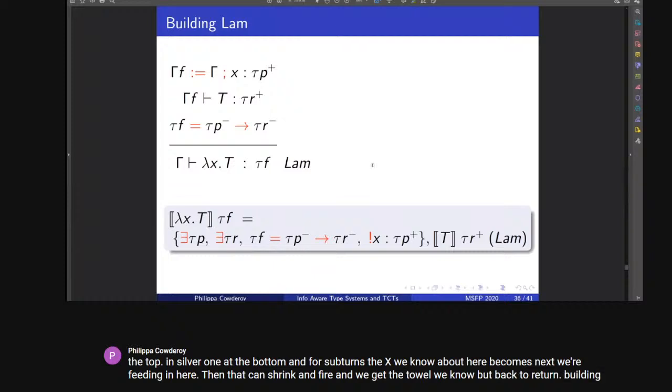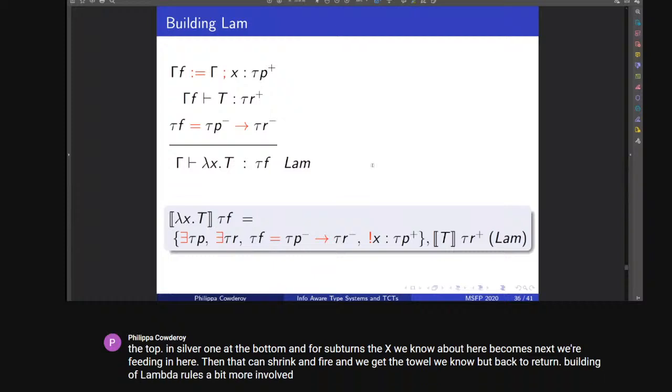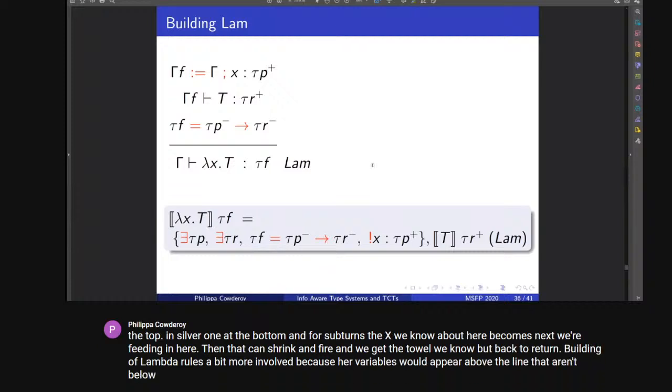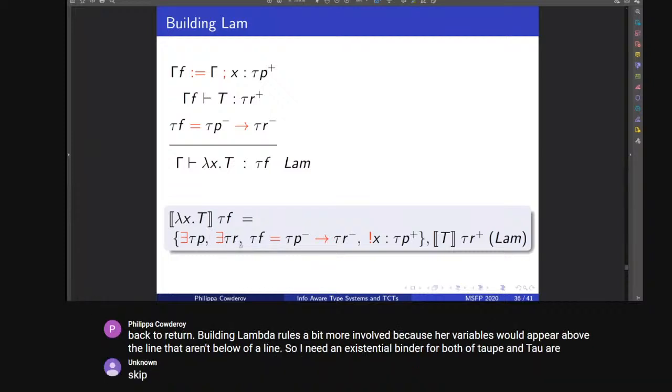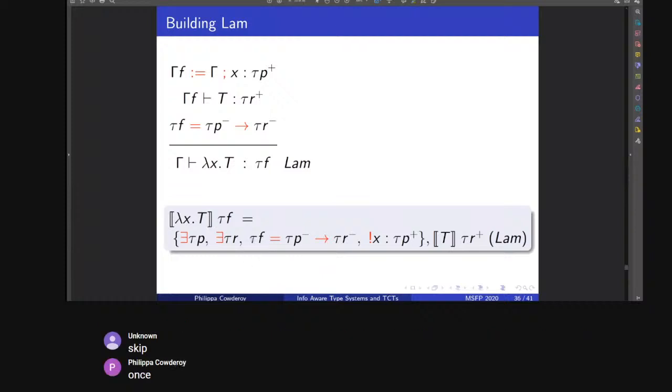Building the lambda rule is a bit more involved because there are variables that appear above the line that aren't below the line. So I need an existential binder for both of tau p and tau r. Once I've done that, the equality copies across directly, and then we know we're going to have to check the body.